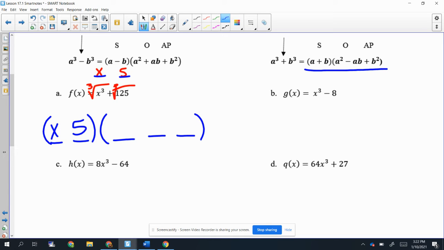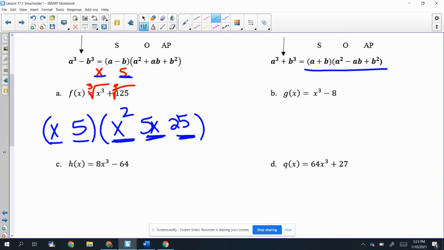Okay, then in this first spot here, you need to square your a term or the x. So that would be x squared. Then in this spot here, you need to square the b term. So 5 squared is 25. And then in this spot here, you need to multiply them together, a times b. So x times 5 is 5x.